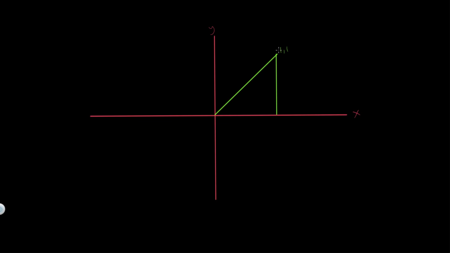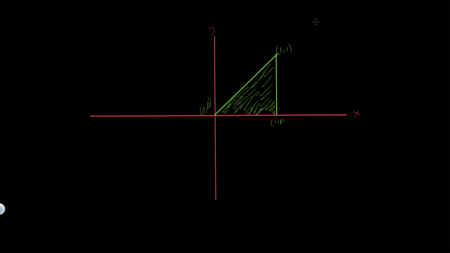So this point is 1, 1, this point is 0, 0, and then this point is 1, 0. And what we want to do is find the area of this triangle, so this area right here. Now, this is a pretty easy area to find.